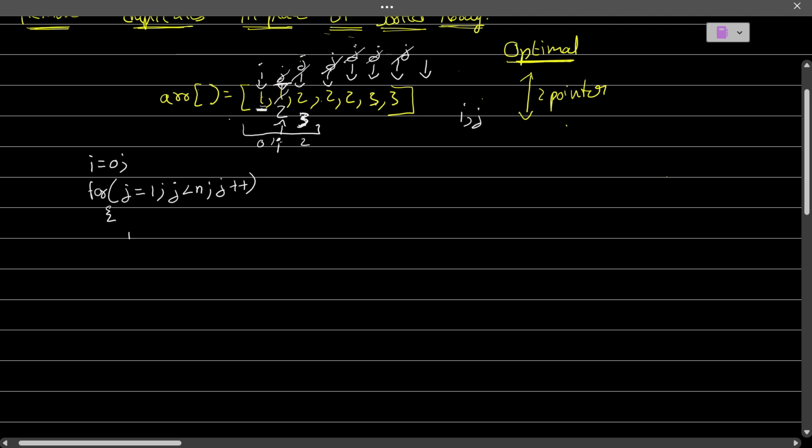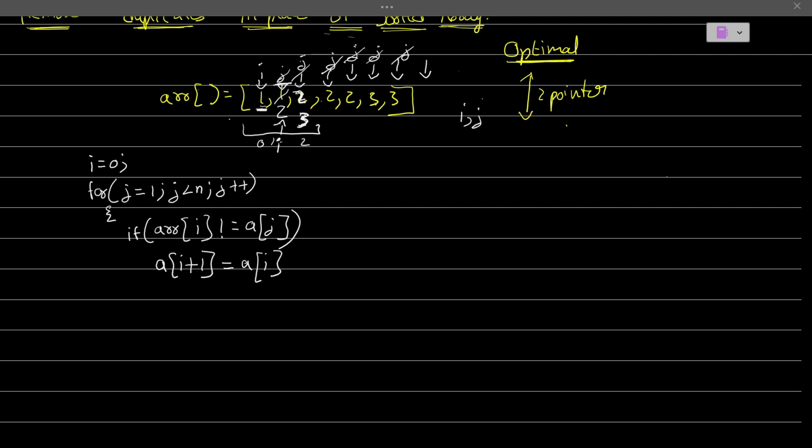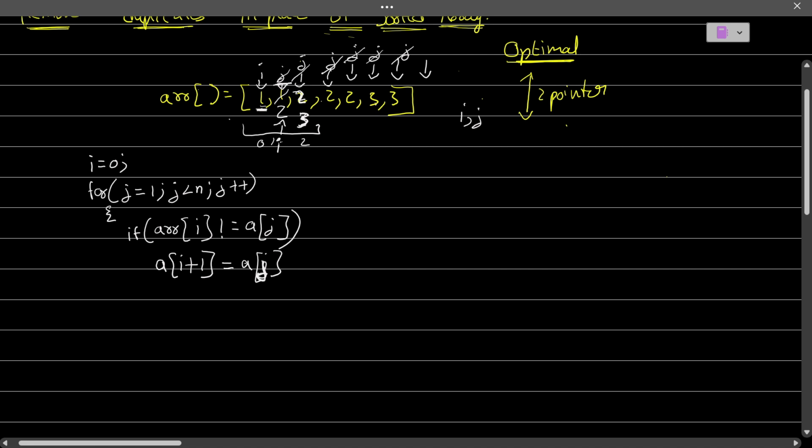Then I say if array of I is not equal to array of j, because here 1 is not equal to 2, right? Then I'll say array of I plus 1 equals array of j. Sorry, array of j, because this is the j pointer, right?